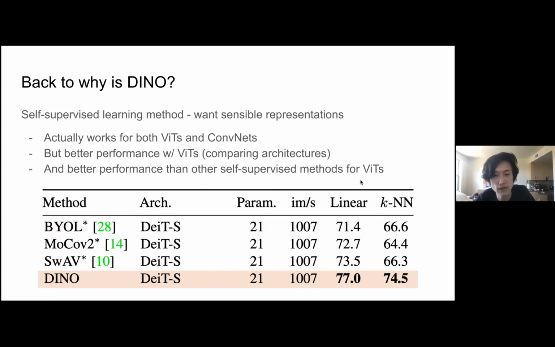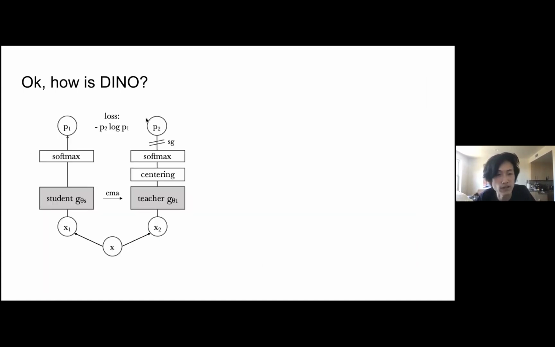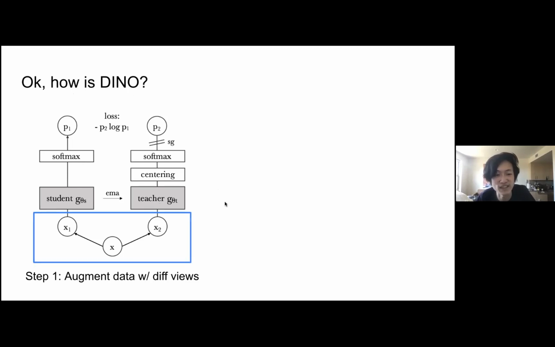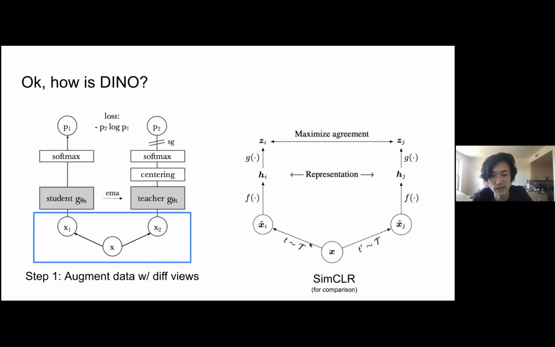And so, okay, now we get into the method basically, of what DINO is doing. They borrow this idea that we've been looking at for a while, augmenting data with different views. Very similar to SimCLR in a sense.